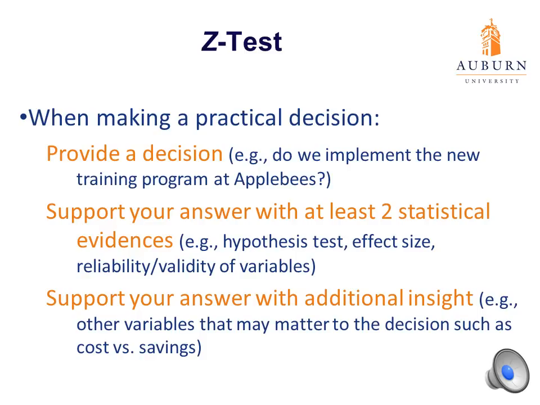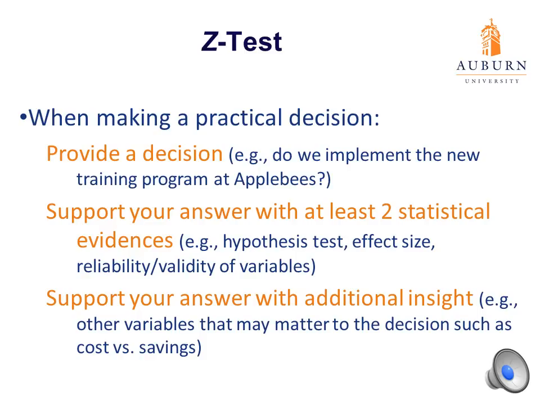So in addition to your two statistical evidences, I would like you to add an additional insight. Something else that may matter to the decision of whether or not, in this case, we implement this new training. So maybe you talk about the cost versus the savings of this new training program, and that might be important to your decision.